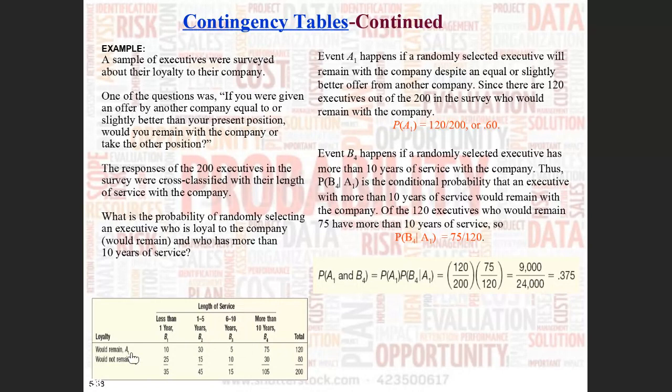And the question was, would they leave or would they stay? So you have would remain, A1, would not remain, A2. So you have the numbers. Remember, these are frequencies. You have 10, 25, 30, 15, 5, 10, 75, 30.